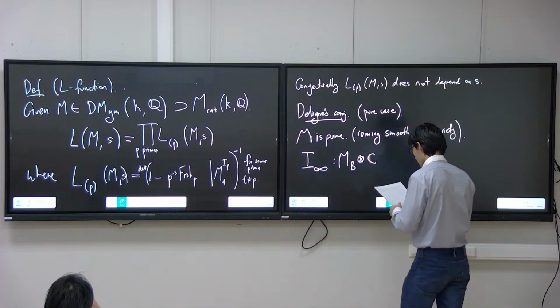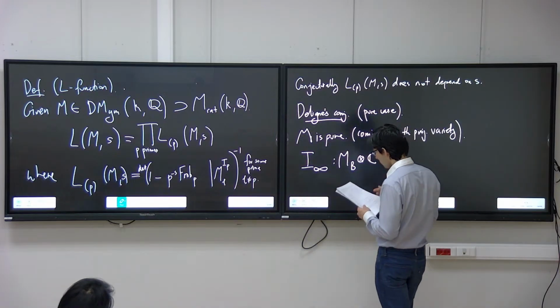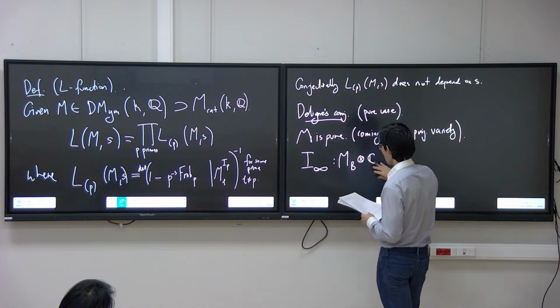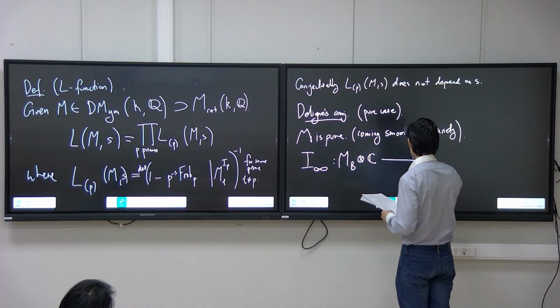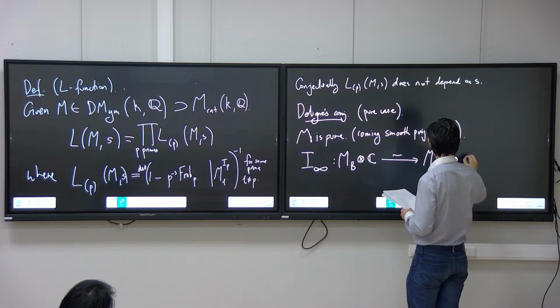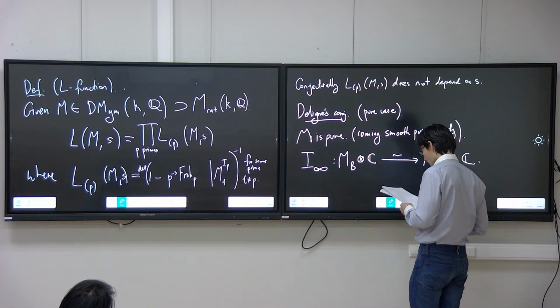And the story is as follows. It's a little bit complicated actually. In any case, to begin with, there is a comparison isomorphism between the Betti cohomology and the de Rham realization, like this.